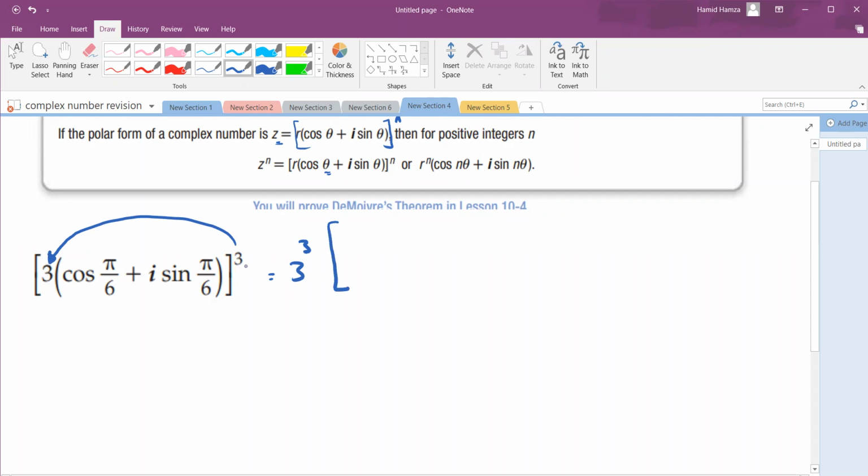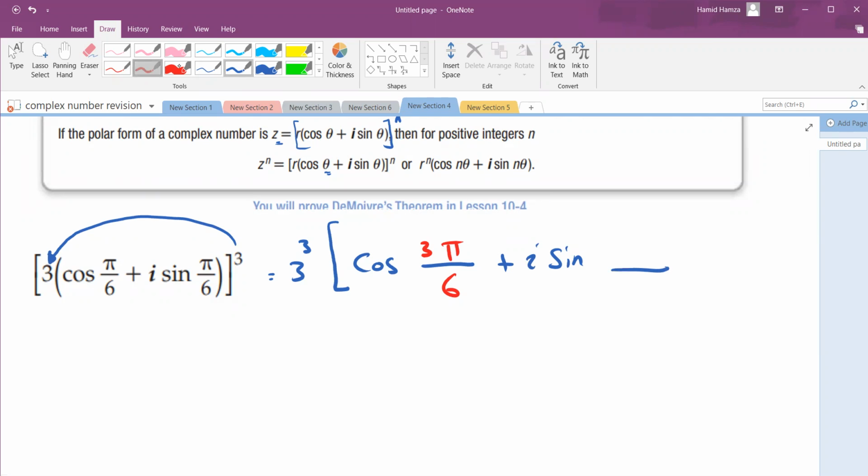And we multiply the power by what? By the argument, or the angle. So it will be cosine 3 times pi over 6, plus i sine 3 times pi over 6. So multiply the angle, the argument, by 3: 3 times pi over 6.